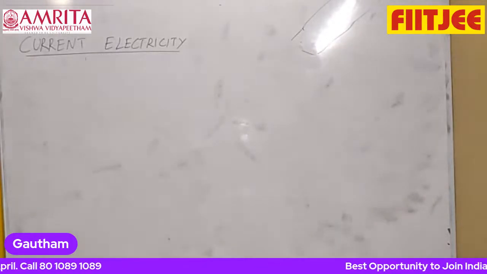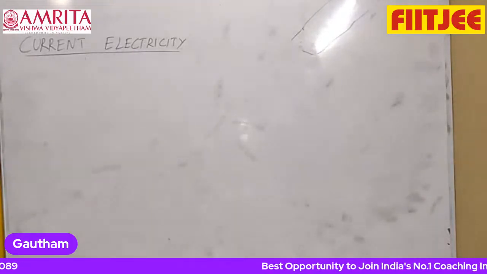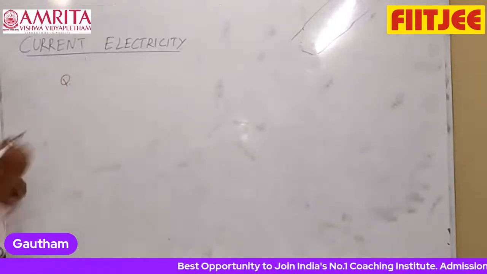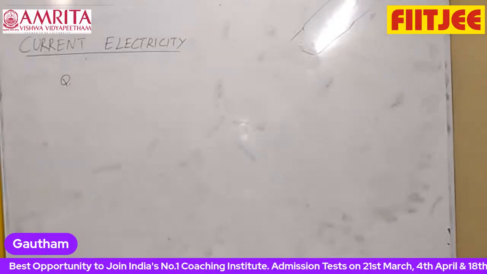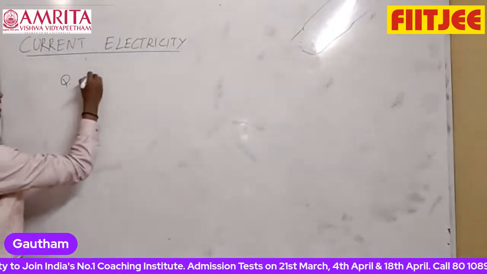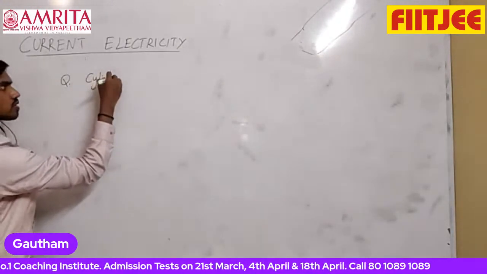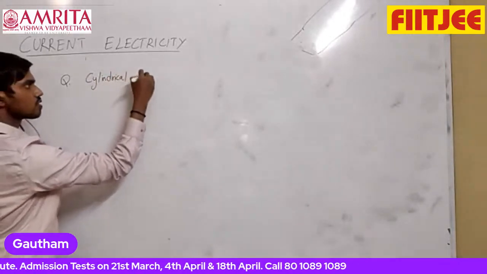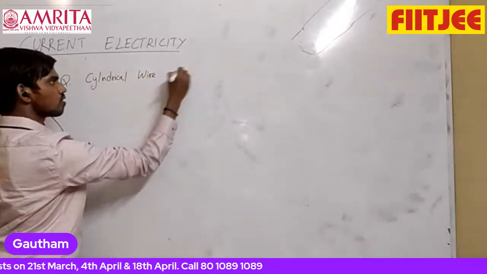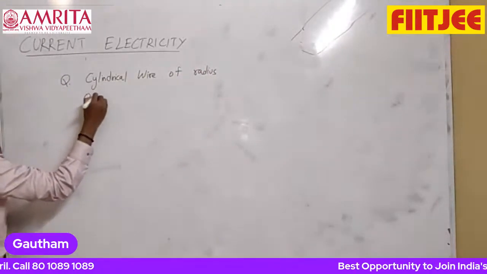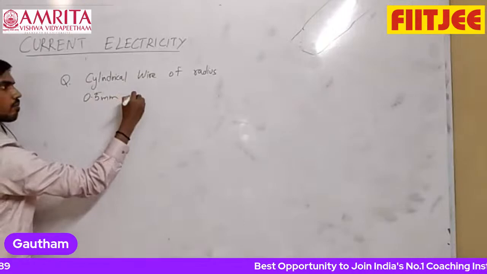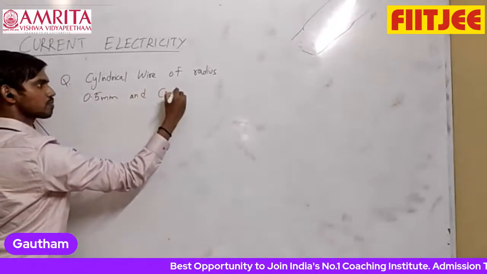Let's discuss a question that was asked in your February attempt based on this. So you have a cylindrical wire of radius 0.5 mm and conductivity.